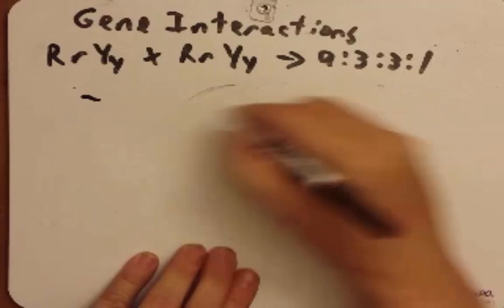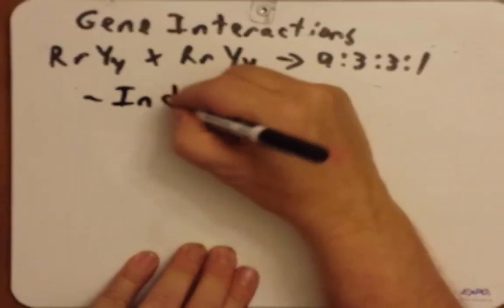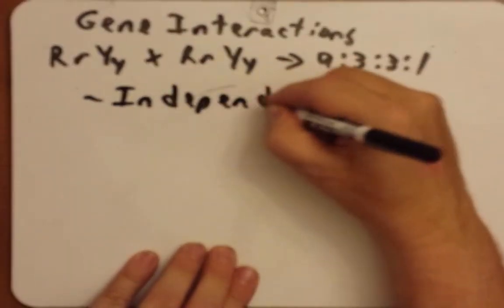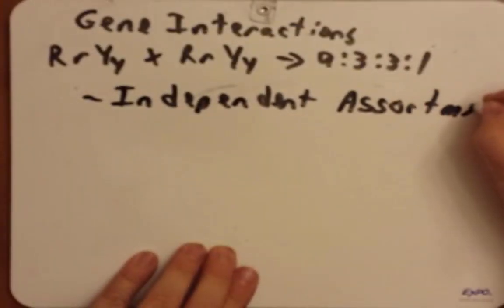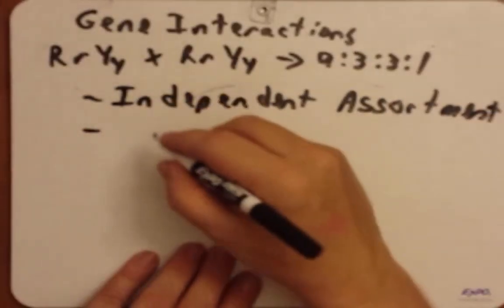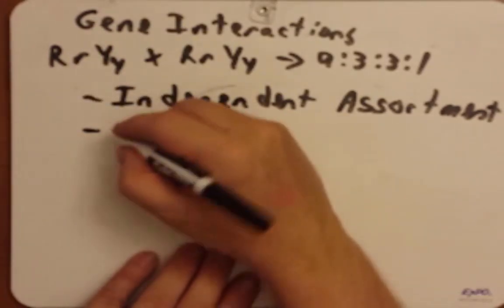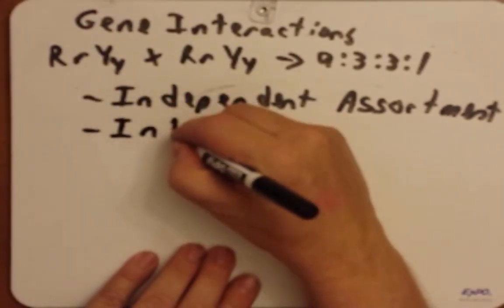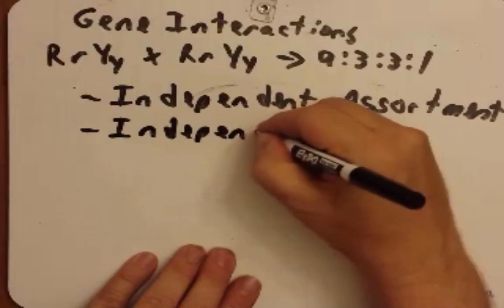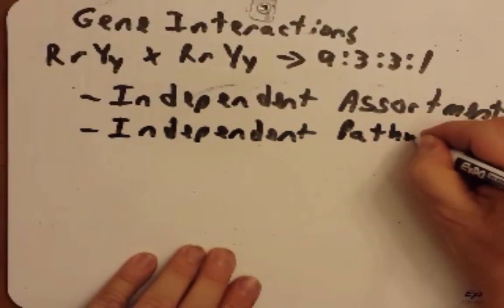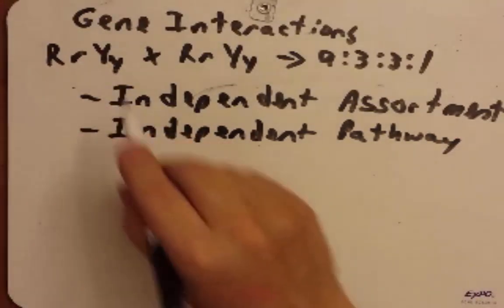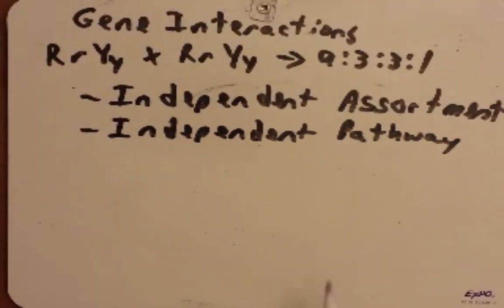Now the reason we got this ratio was because of independent assortment, and we didn't mention this other part, that each gene was in an independent pathway. If you had two genes involved in coat color, we might have seen slightly different results.